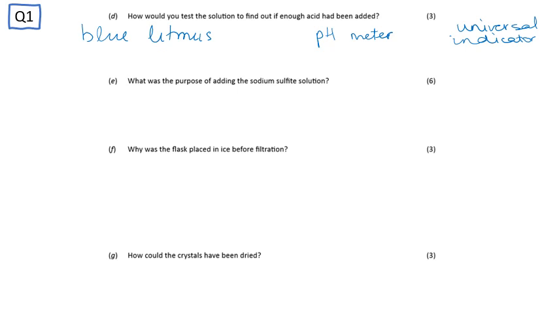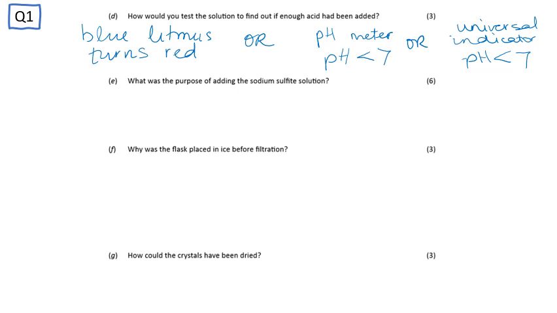So there's 3 different ways to do it. You can add blue litmus paper and it should turn red. Or use a pH meter and the pH should be less than 7. Or you could use universal indicator, and again the pH should be less than 7. Question E, what was the purpose of adding the sodium sulfite solution? We briefly mentioned this before.